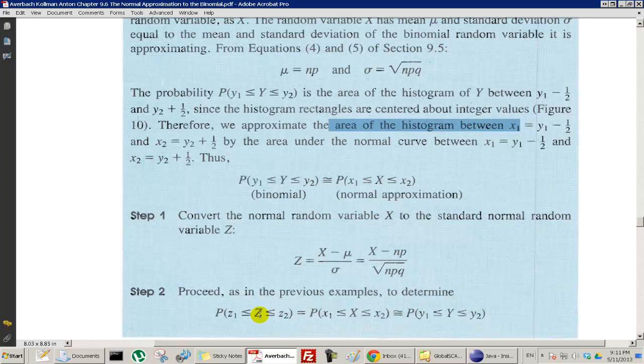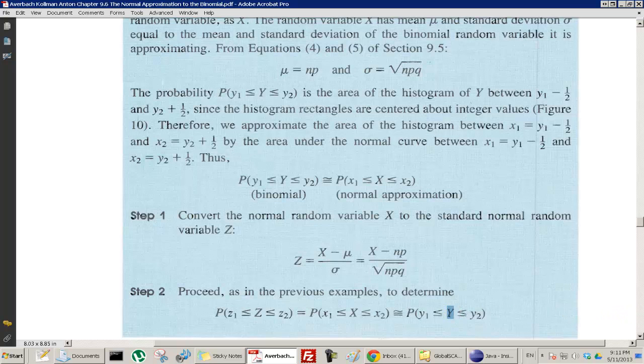When we look it up in the table, that will be equal to the probability that x is between here and here, and that will be approximately the probability that our random variable is between here and here.